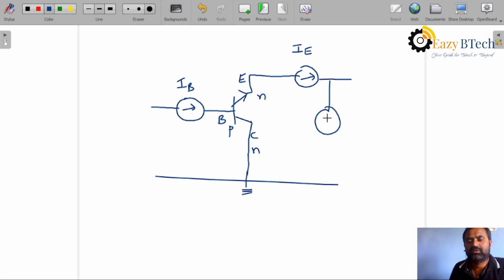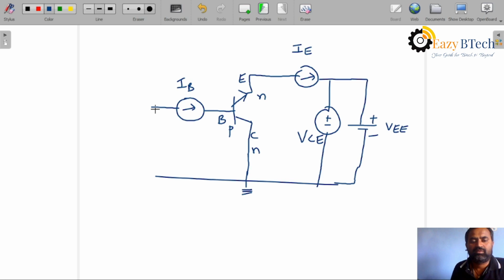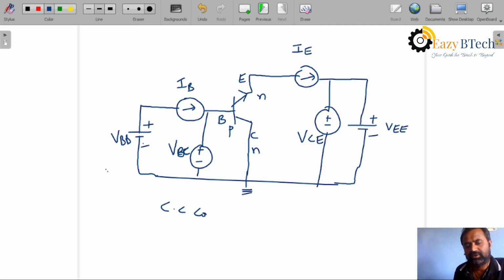we call VCE, VE, VBC, VBB. This is the common collector configuration.